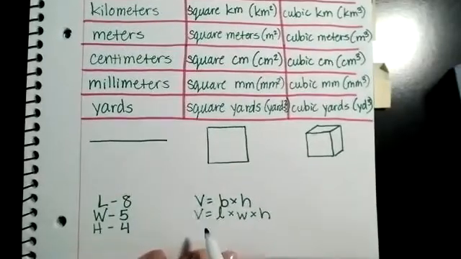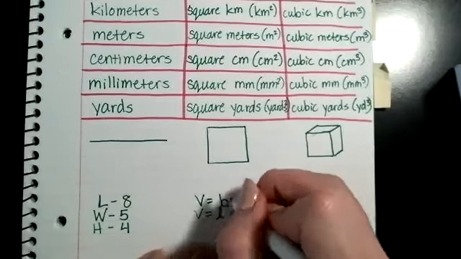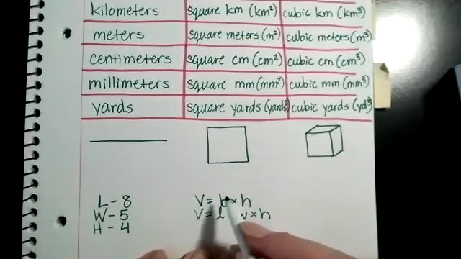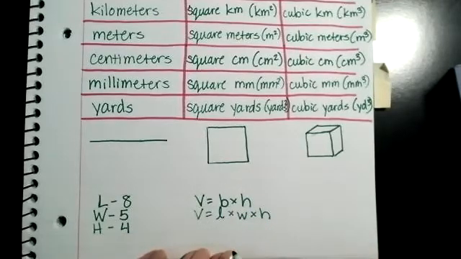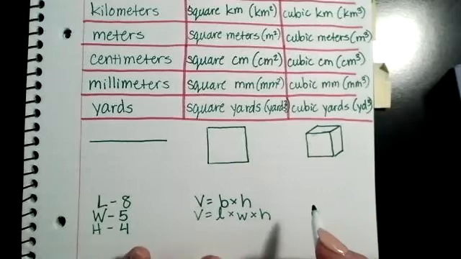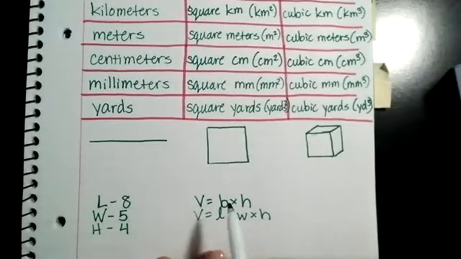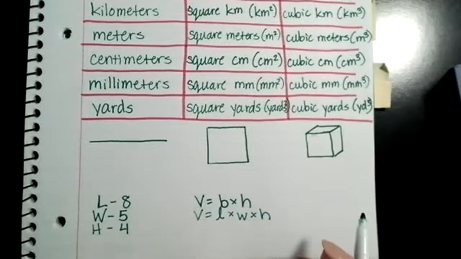These are the same formula. It's just that in the first one, the base has already been found by multiplying the length times width. You can multiply all three because in multiplication, it doesn't matter what order you multiply in, you're going to get the same answer every time.